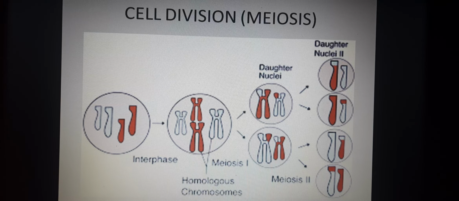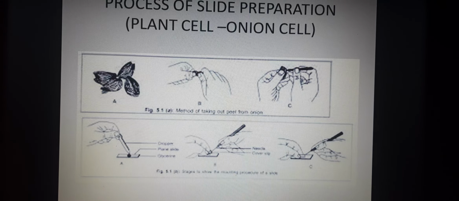Whenever one sperm and one egg, that is 23 and 23, fertilize, that is, they unite, they form 23 plus 23 equal to 46 chromosomes, just like body cells, somatic cells. So from the mother's body come 23 chromosomes and from the father's body come 23 chromosomes, and ultimately our body forms 46 chromosomes.